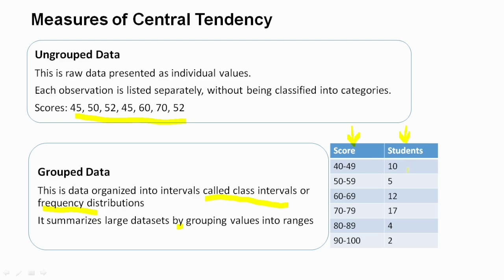We are going to find the mean, median and mode, which are the measures of central tendency, defining the middle value of the data set, for both grouped as well as ungrouped data.